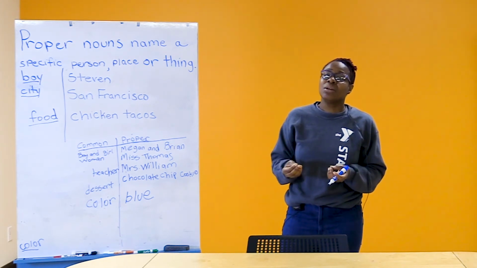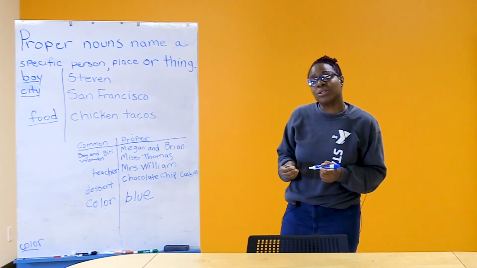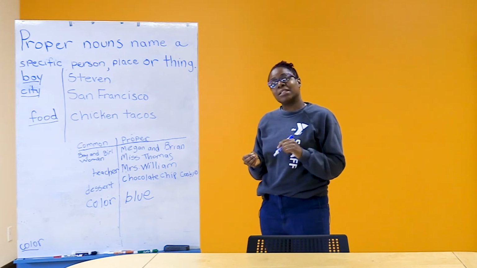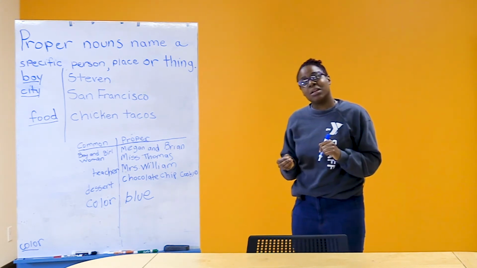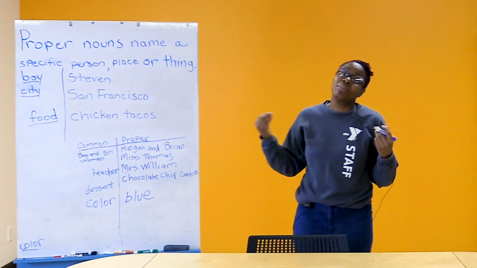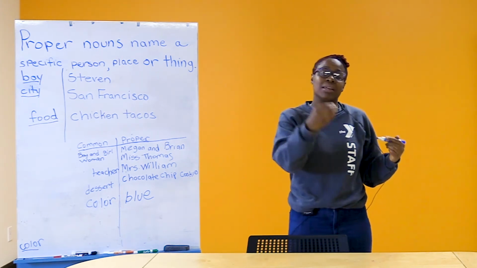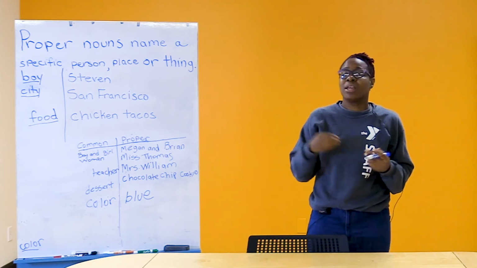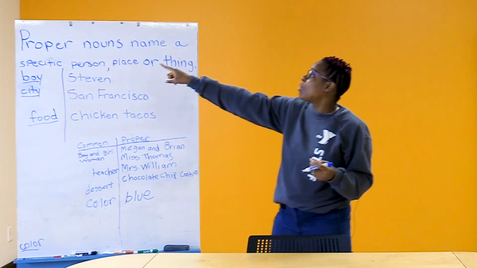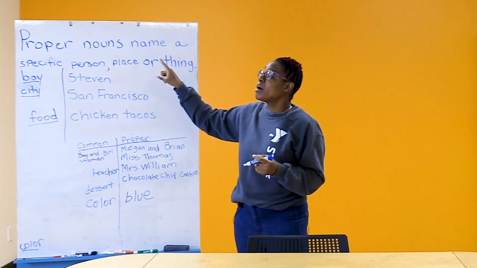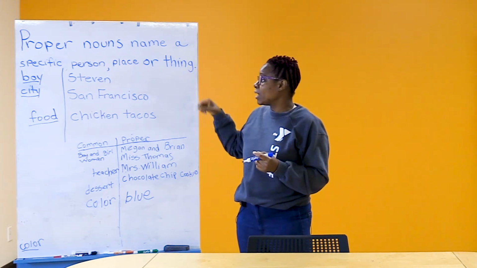So once again, we're still talking about parts of speech. In our last lesson, we talked about nouns. Nouns are persons, places, or things. However, when we assign meaning to them, it is a proper noun. Proper nouns name a specific person, place, or thing.